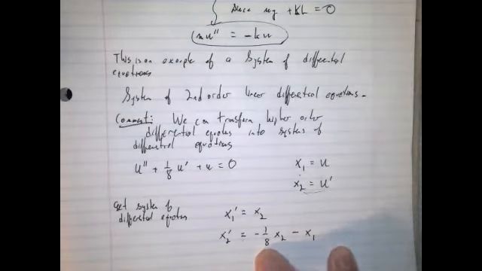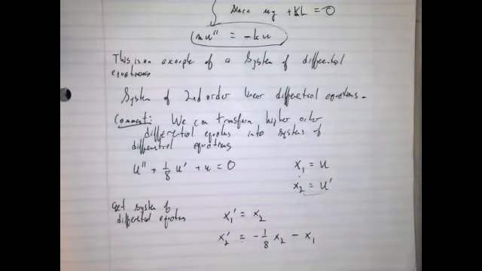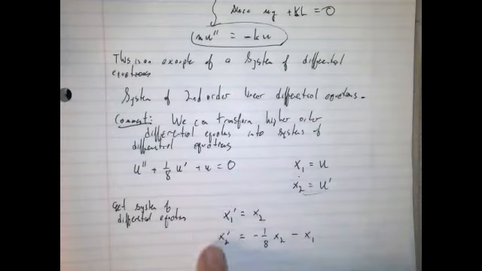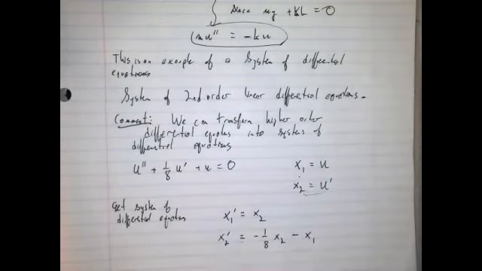So a priori, it's unclear whether we've actually done ourselves a favor here, but at least it's important to notice that we can always use this trick to transform higher order differential equations into systems of first order differential equations.